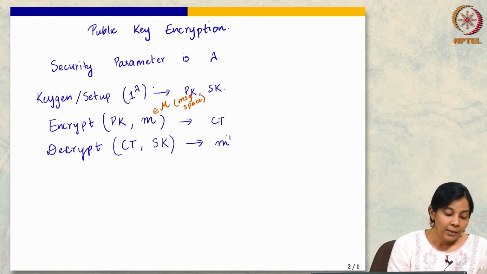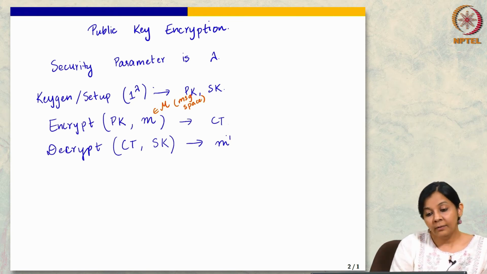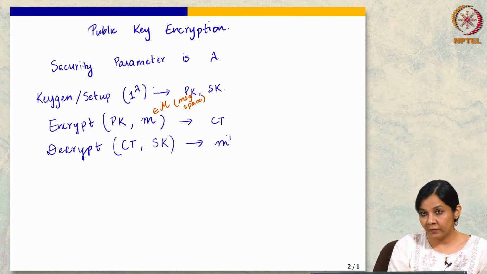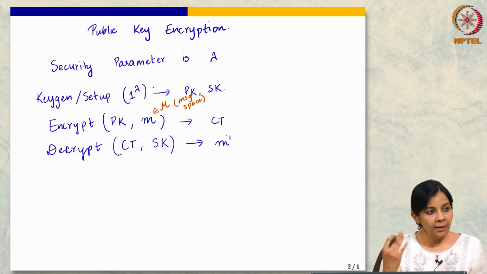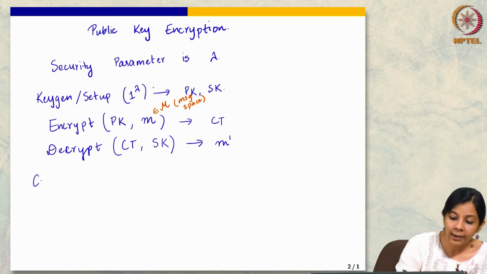So what are the two things that we want from this scheme? One thing that we want is obviously correctness, right? Basically if I ran key generation honestly, I ran encryption honestly and decryption honestly, then it should be the case that I recover the message, right? So I want correctness.